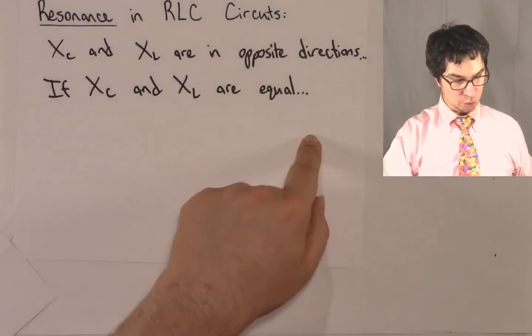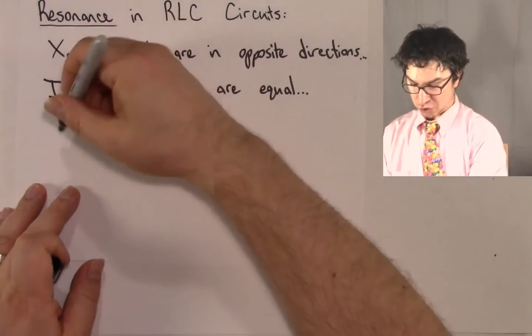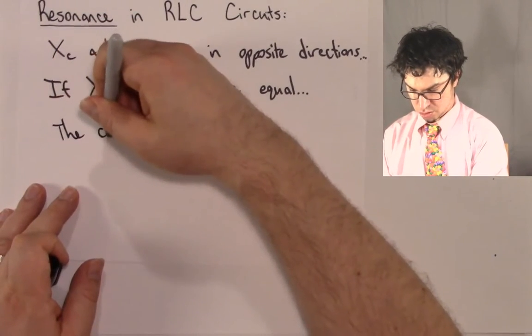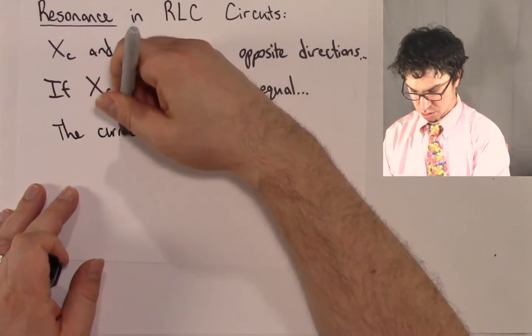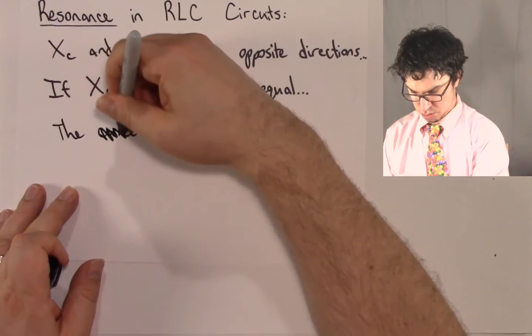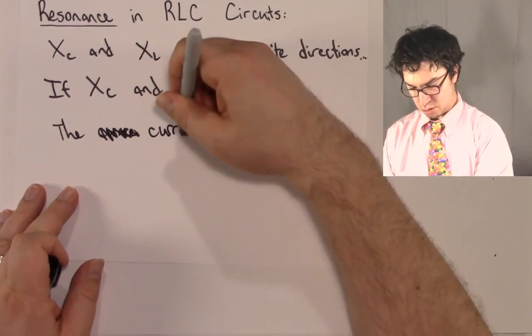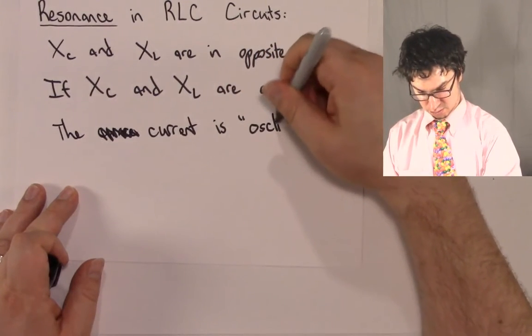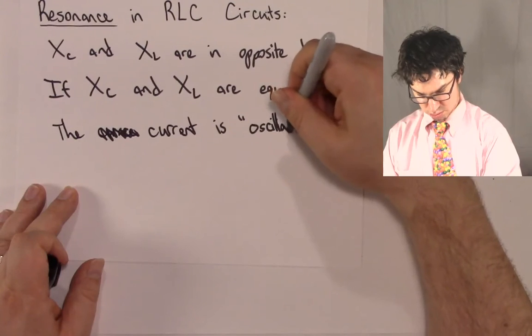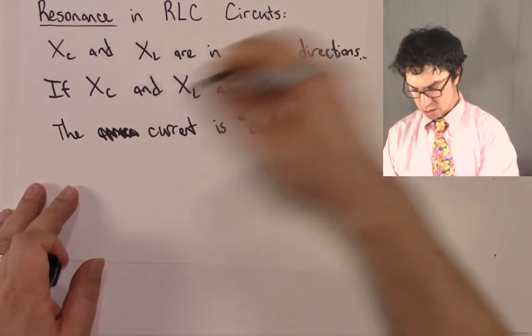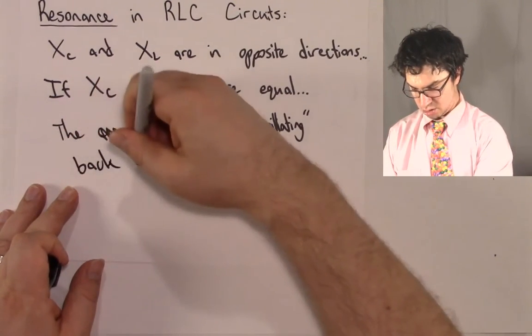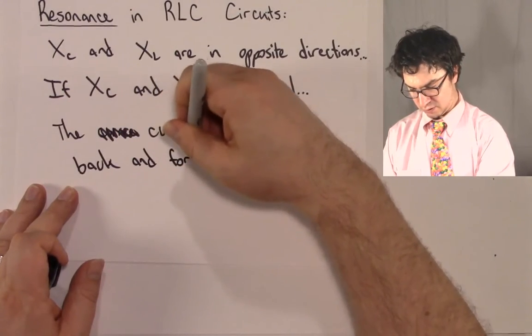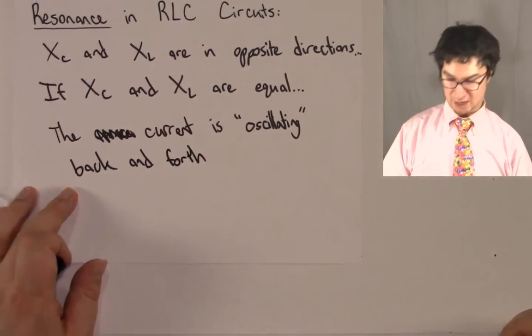Now, if they're equal, what we can say is that the current is, quote, oscillating back and forth, okay?